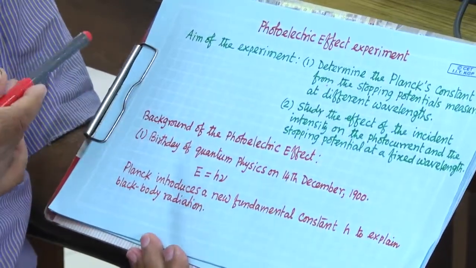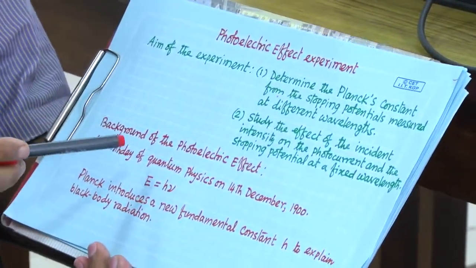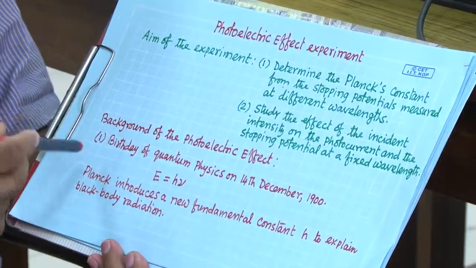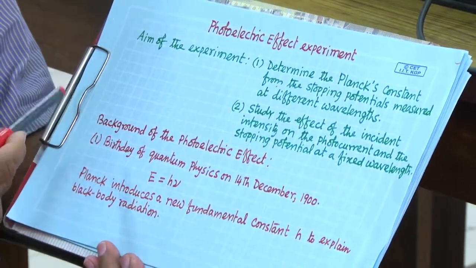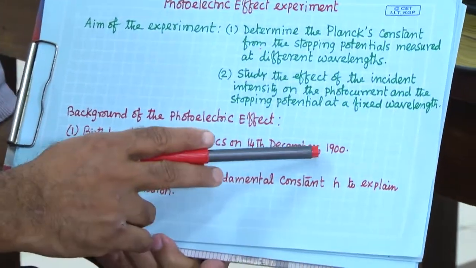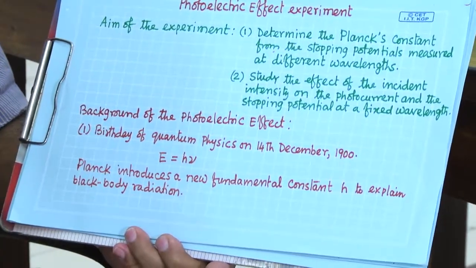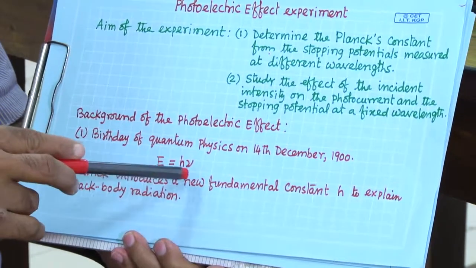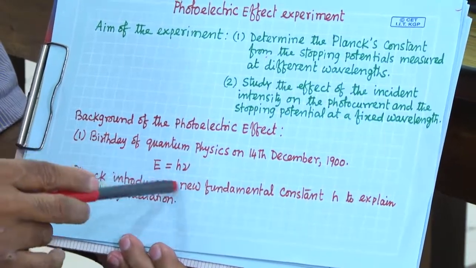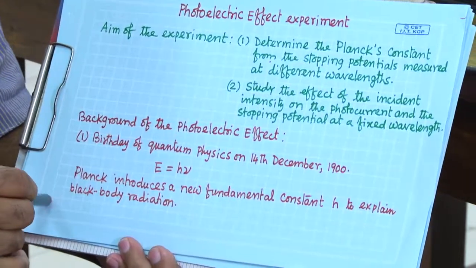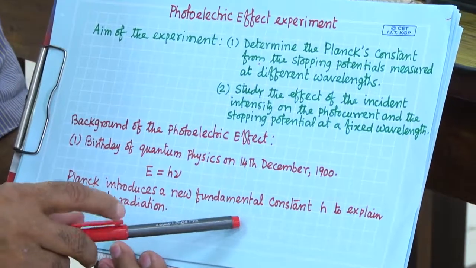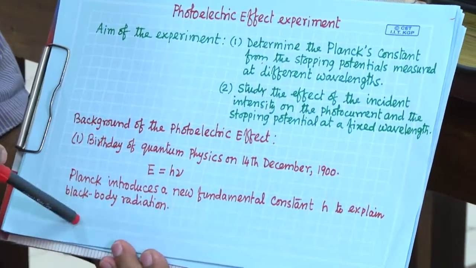So, there is a historical background for this photoelectric effect, as you know. Basically the birthday of quantum physics is 14th December 1900. E equal to h nu, this relation was given by Planck. Planck introduced a new fundamental constant h to explain black body radiation.